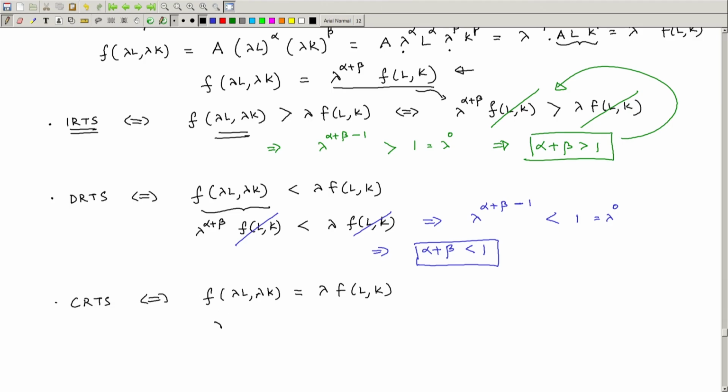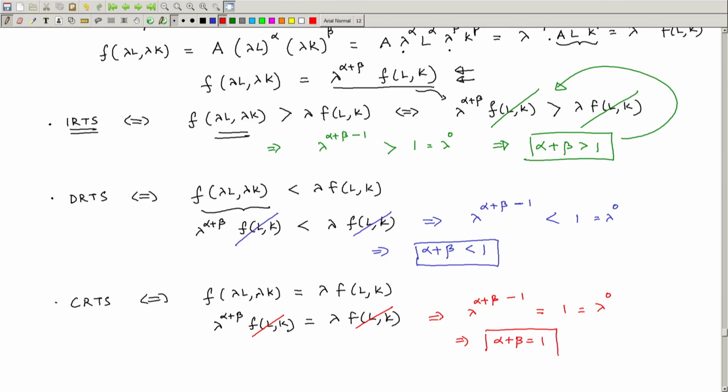I replace this expression by lambda to the power alpha plus beta f of L k, because that is the expression I have, is exactly equal to lambda times f of L k. And I can now cancel these two expressions from both sides, giving me lambda to the power alpha plus beta minus 1 equals 1, which is lambda to the power 0, which essentially means alpha plus beta minus 1 is equal to 0. So, alpha plus beta equals 1, right.